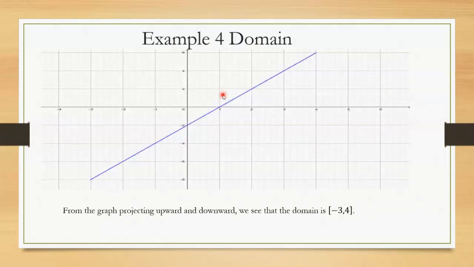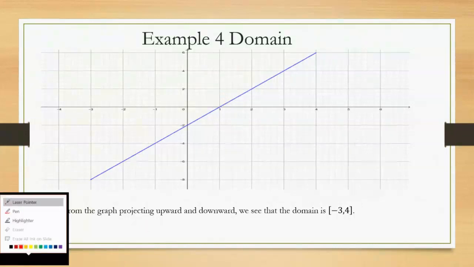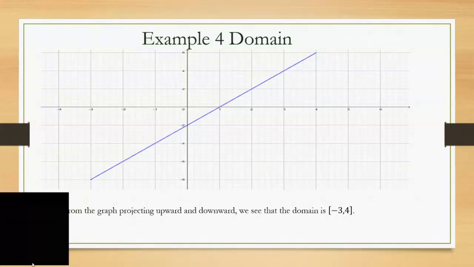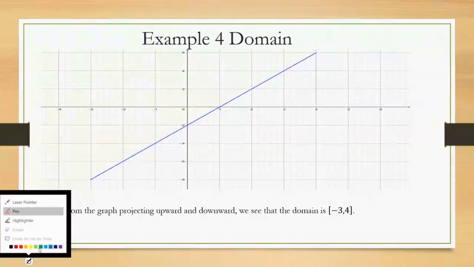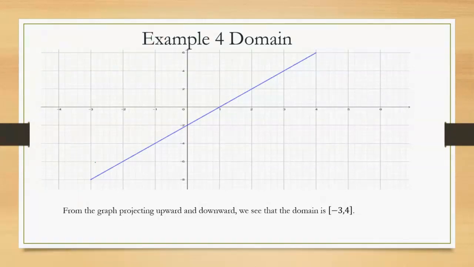So here's an example. Let me get the pen, so to say. Let's do this one. For this one, you want to imagine taking the graph and projecting it up or down onto the x-axis. So let's say we're over here, going up to the x-axis, so we're at -3, and keep going up.